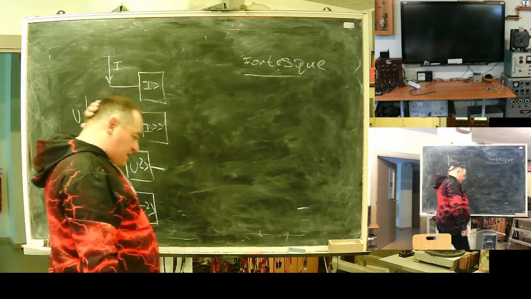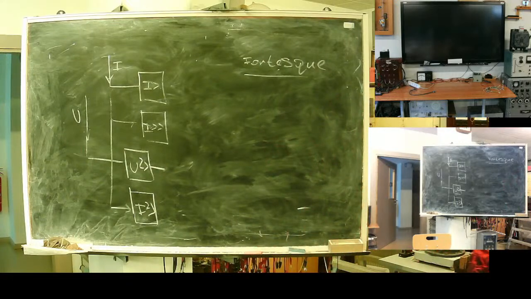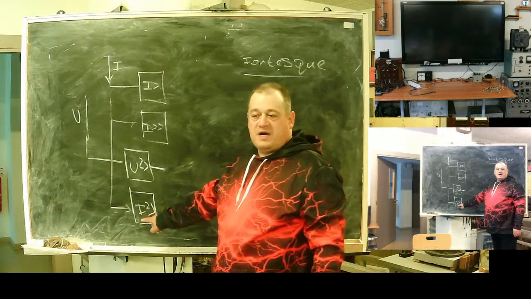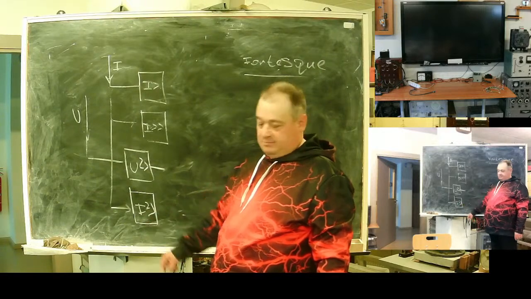So its basic idea is that a real non-symmetric polyphase network can be decomposed into a set of symmetrical networks. For three phases there will be three networks: one with direct rotation, one with opposite rotation, and one zero sequence, not rotating at all. So these two are operated on the basis of the negative sequence component.